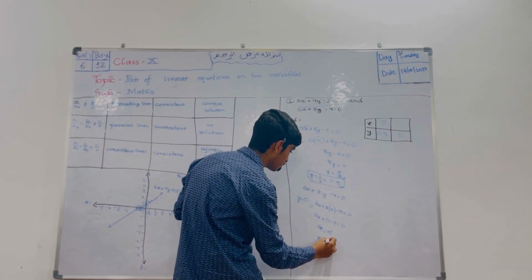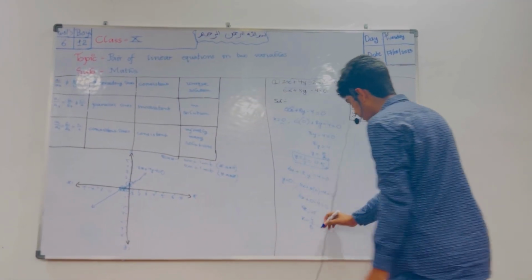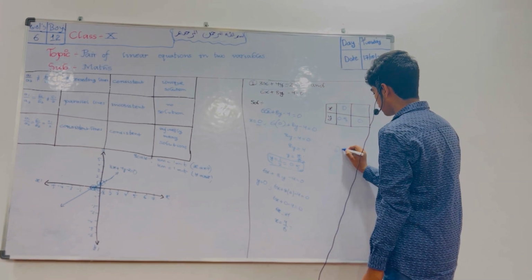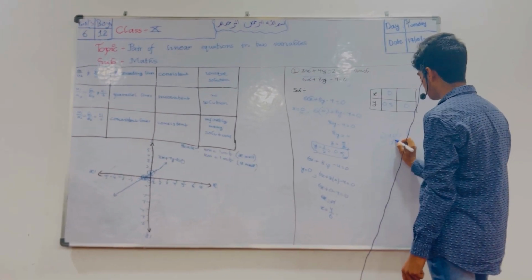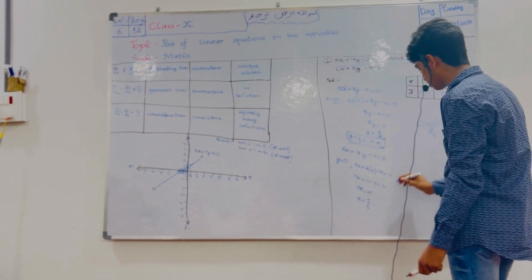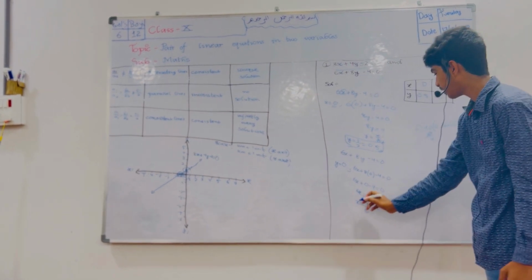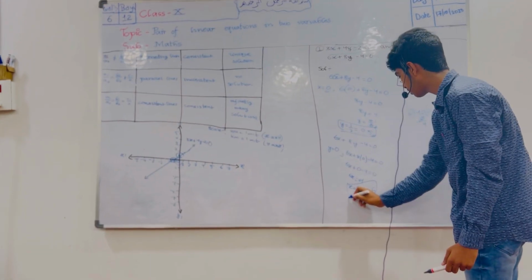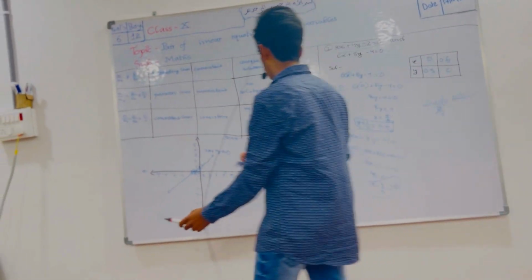Now x is equal to 4 by 6. The value is a fraction, so we have to convert it into decimal. So we have to divide it. 0.666, so the value is 0.6. Here we get the value of x, 0.6. Now draw the graph for this equation.